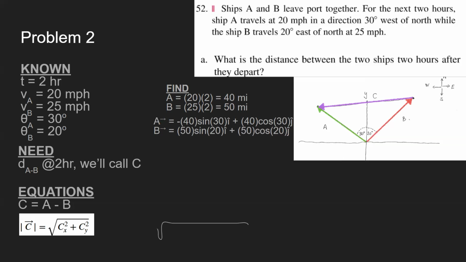That is true only if the angle is off of a horizontal line. If your angle is off of a horizontal line, then cosine goes with x and sine goes with y. But this time we have a vertical line. So that means that when you have a vertical line, sine goes with x, cosine goes with y.